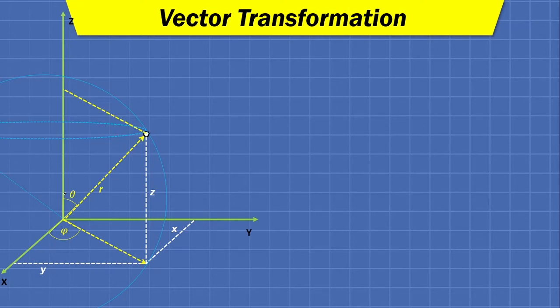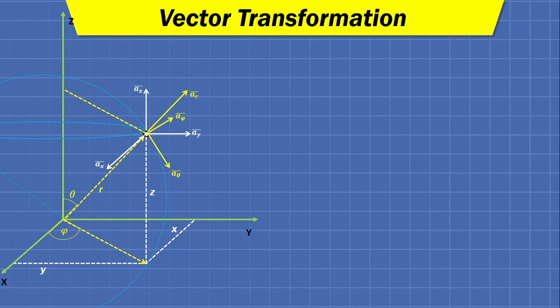This angle theta with the z axis is the half angle formed by the right circular cone, and this phi is the angle formed with respect to the x axis by this half plane. This is the direction of x, y and z in the Cartesian coordinate system, and this will become the direction of r, theta and phi in the spherical coordinate system.